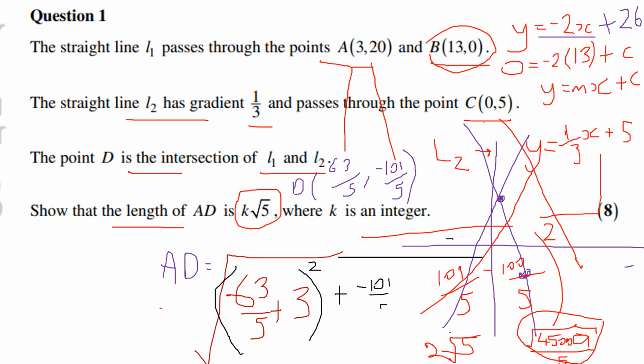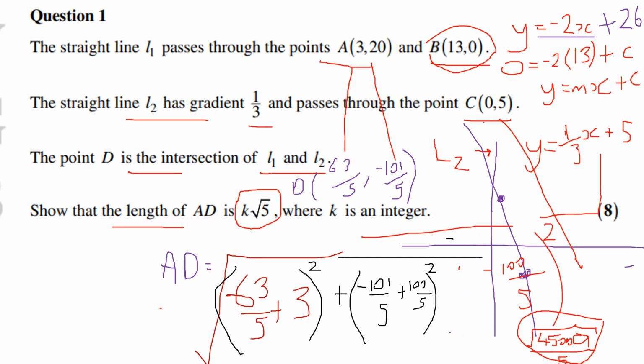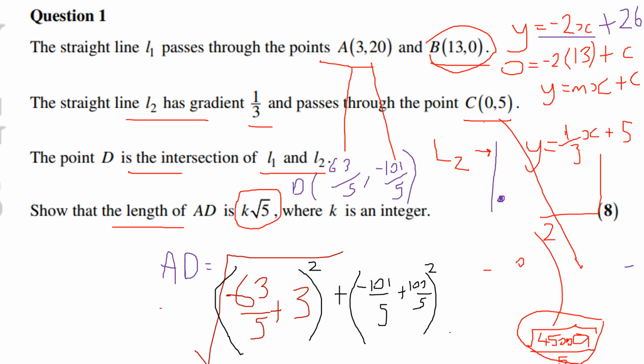I can write that as 100 fifths, all squared, which is square rooted. Sorry about having to mind it. Let's delete all this for a second, and we'll come back to that.